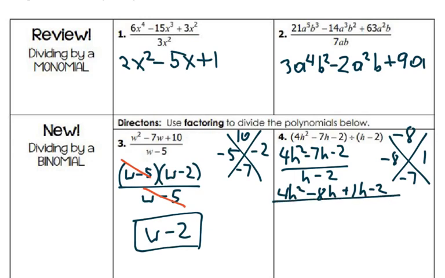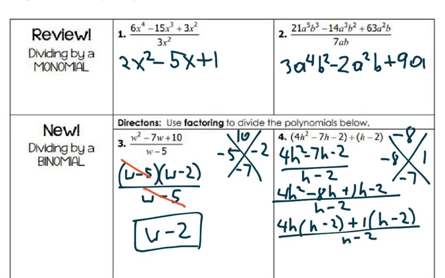Let me keep my denominator along, and I'm going to factor by grouping in the numerator. So the common factor, that's just h minus 2 plus 1 times h minus 2 over h minus 2.